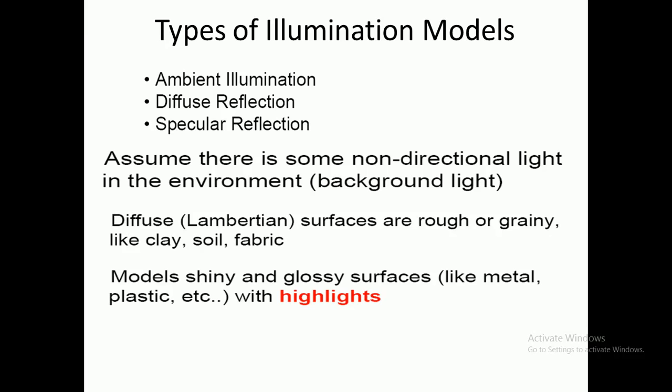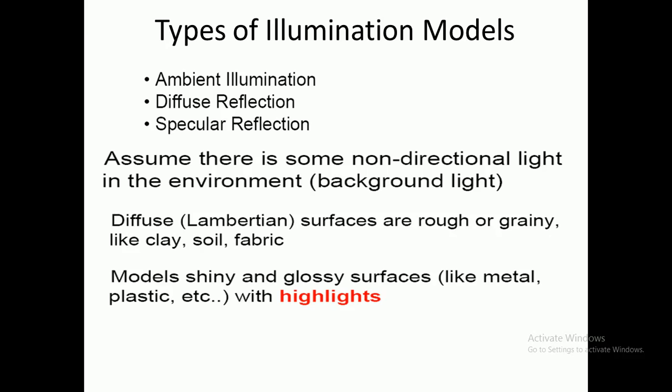You may be seeing the entire face of that surface, but the entire surface is not with the same intensity. Reflected light is not the same. Some portion may be shiny, in other portions the brightness may be less. That is what a shiny surface is, right?